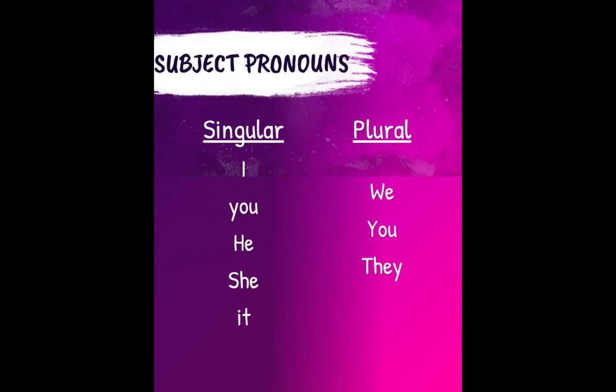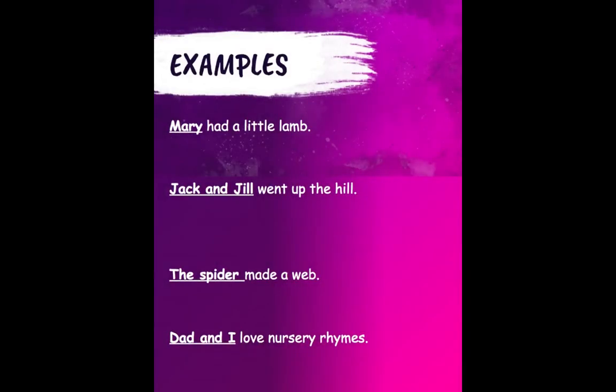Okay, so those can be replaced with names of people or objects or animals, right? So try to think of it as you're kind of replacing it a lot of times with people, but also it can be other things as well. In this case, it's all the subjects in our sentence. And then for plural subject pronouns, we have we, you, and they.